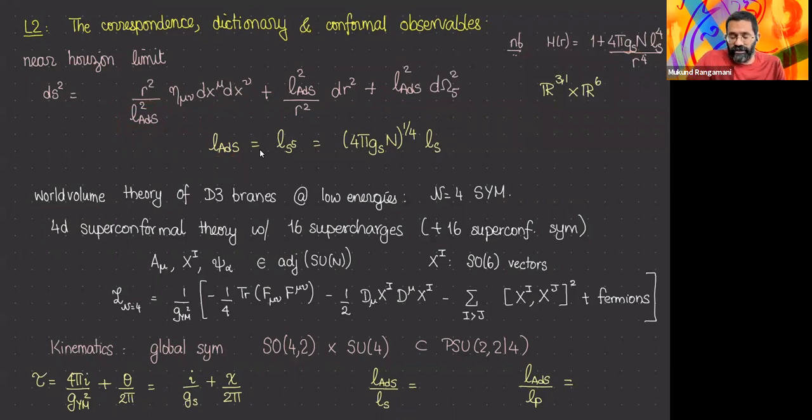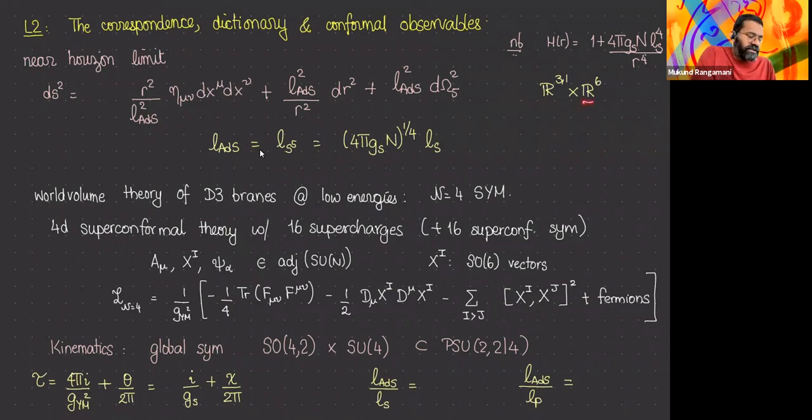Now, the world volume theory of D3 branes, which I didn't really say much about yesterday, itself is a Yang-Mills theory. It's a Yang-Mills theory with gauge bosons sitting in the adjoint of the gauge group, which I'll take to be SU(N). So these are just D3 branes in flat space. We could get other gauge groups if we put orientifolds and so on, but I'm not going to do that in the course of this discussion.